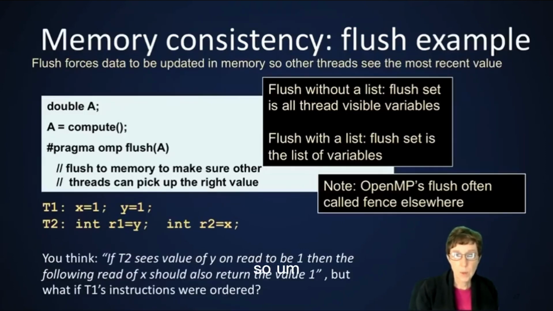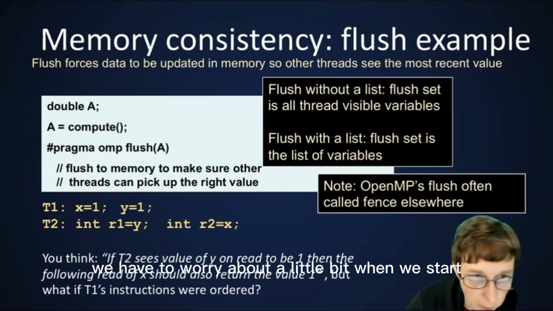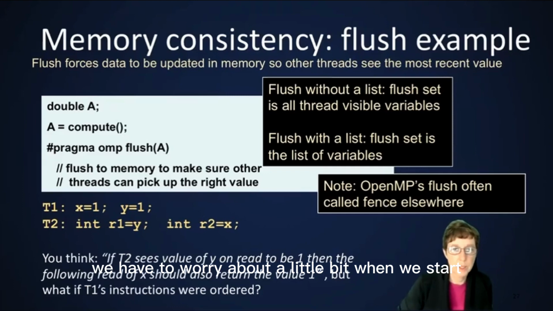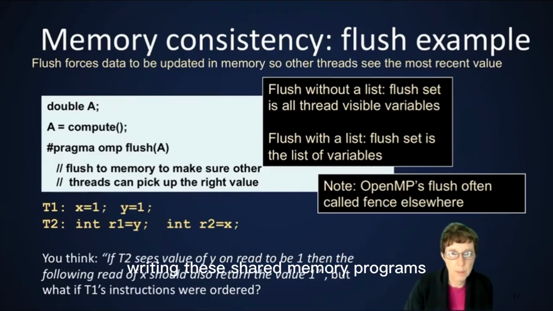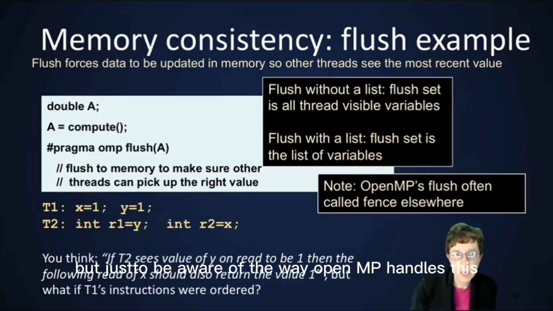Okay, so now the other thing we have to worry about a little bit when we start writing these shared memory programs, and this gets into kind of lower level details, and we will talk about memory consistency in more detail next week, but just to be aware of the way OpenMP handles this.